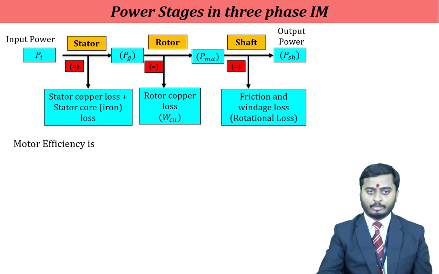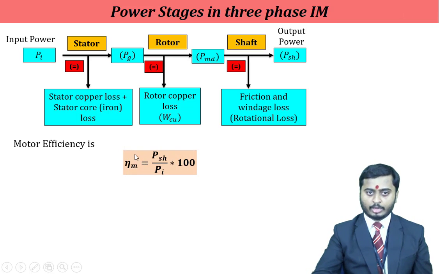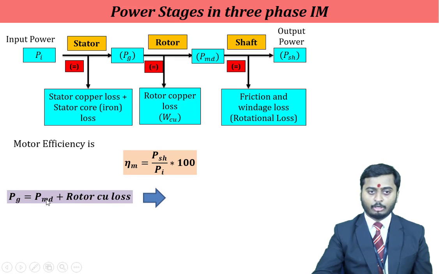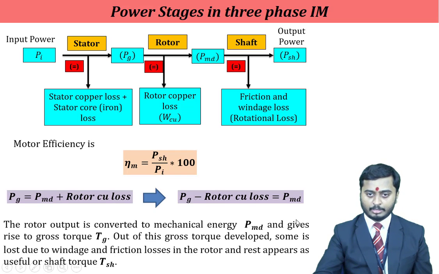Now how do we find the efficiency? Obviously, the simple formula for efficiency is output upon input. Here output power is PSH and input power is PI, so efficiency of the motor equals PSH upon PI into 100. Now these are the formulas: PG equals PMD plus rotor copper loss, so PG minus rotor copper loss equals PMD.